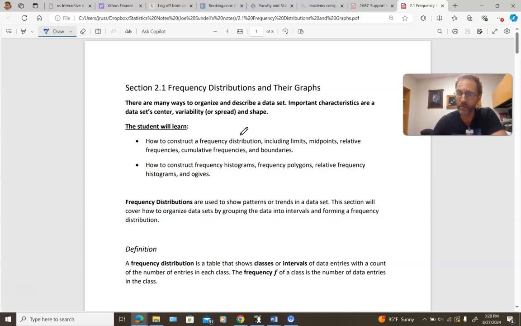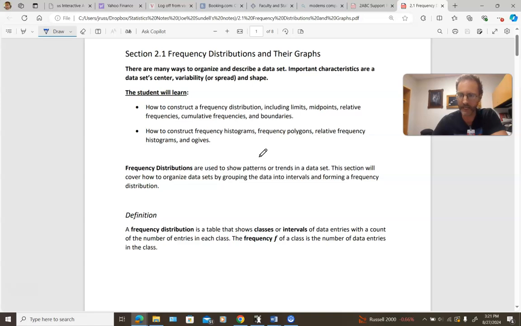You guys will have to do these in your homework, including limits, midpoints, relative frequencies, cumulative frequencies, and boundaries, and we'll talk about what those are specifically here in a bit. Also, how to construct frequency histograms, to which I alluded a minute ago, frequency polygons, relative frequency histograms, and then ogives. Okay, these are all visual ways of displaying data.